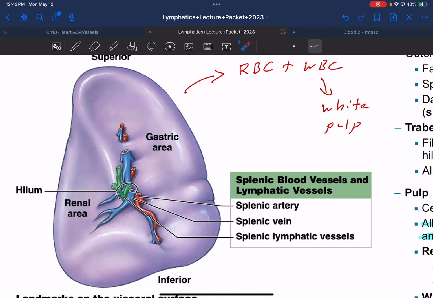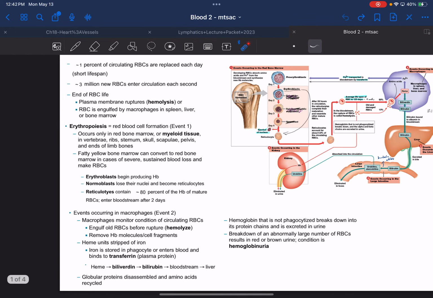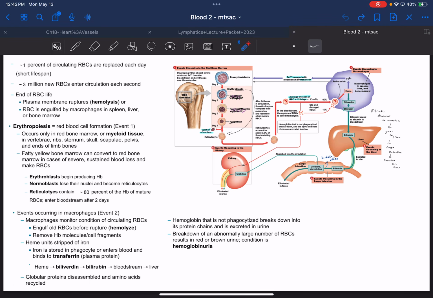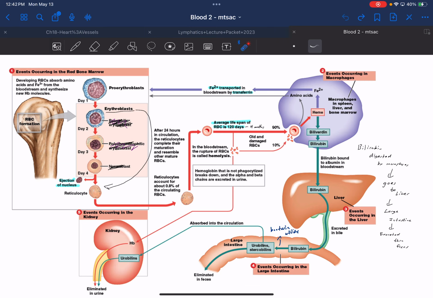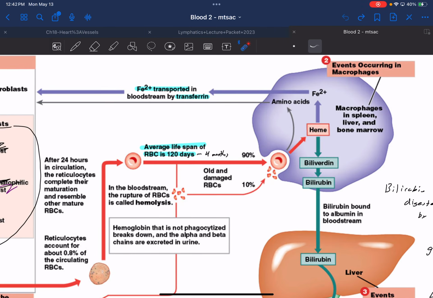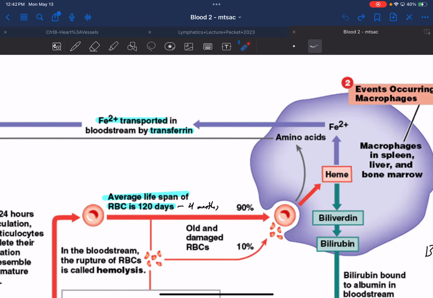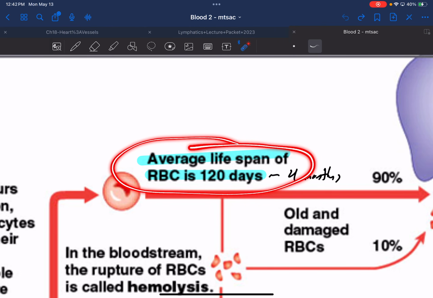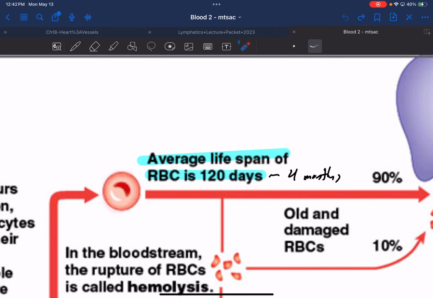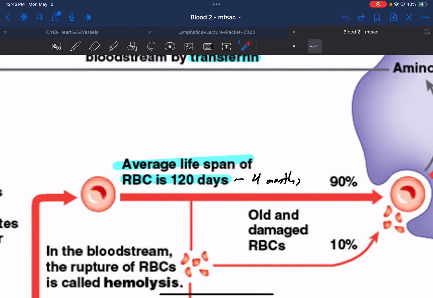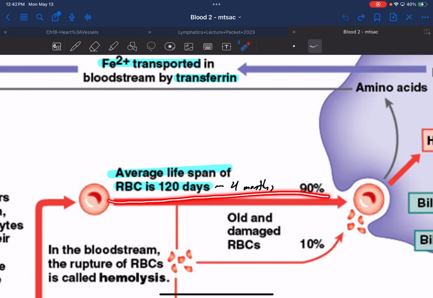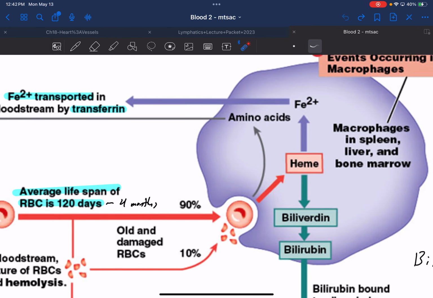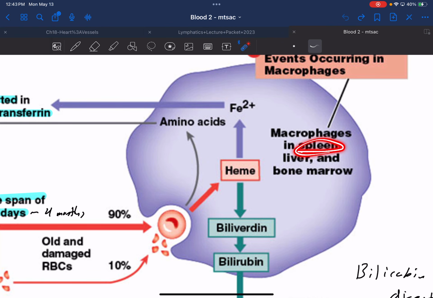And also something slightly to touch on here, we might remember this, that when we look at this portion here, when we saw red blood cells, we have to recall that the average lifespan of a red blood cell is 4 months. And so it's circulating, delivering oxygen for you, and then eventually look what organ it makes its way into. The spleen. And so this can happen in the liver and bone marrow, but spleen.